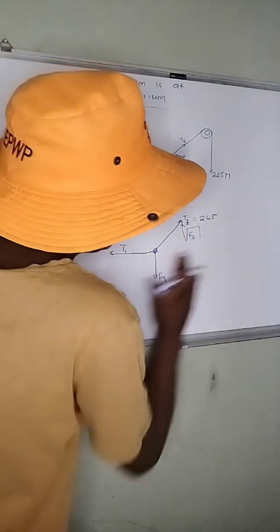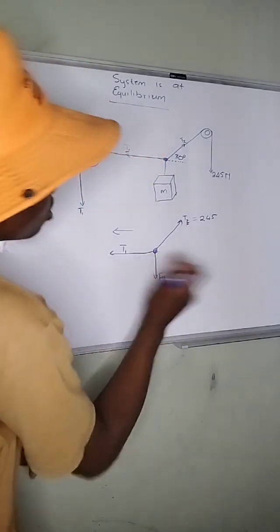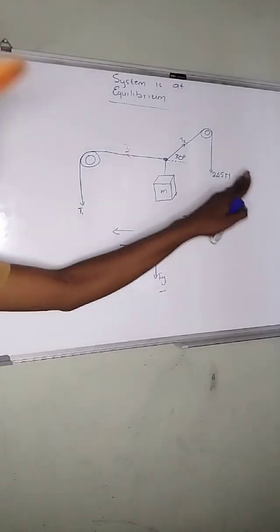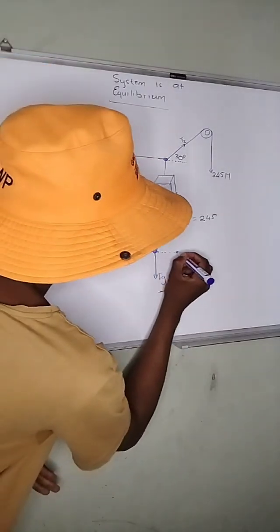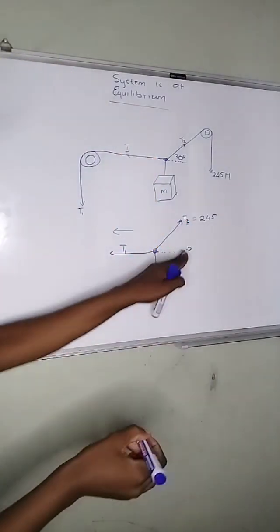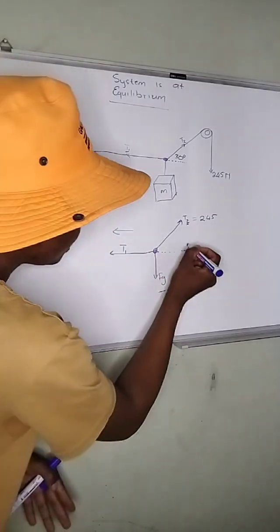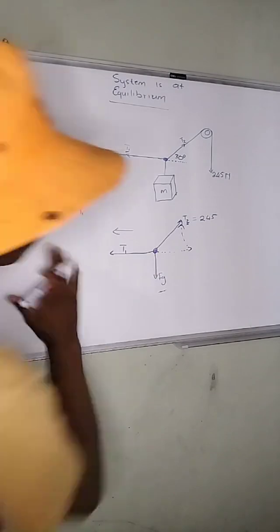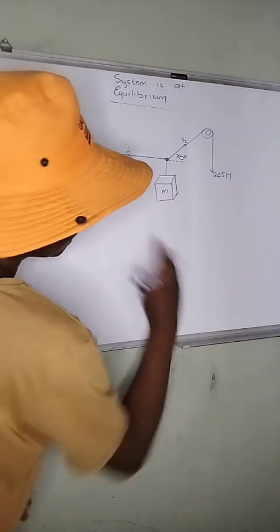These are the components of T2, because here is my T2. The T2 is at an angle, which means it is applying force in a horizontal direction and at the same time in the vertical direction. Do you see that?